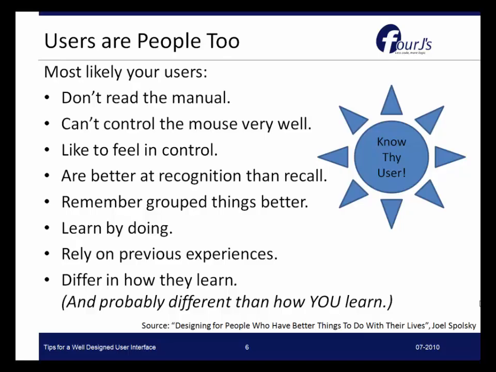Your users probably don't read the manual, can't control the mouse very well, like to feel in control, are better at recognition than recall, remember grouped things better, learn by doing, rely on previous experiences, and individually differ in how they learn to use your product, and it is probably slightly different than how you would learn it. In other words, know thy user and remember that good user interface design centers around the user.